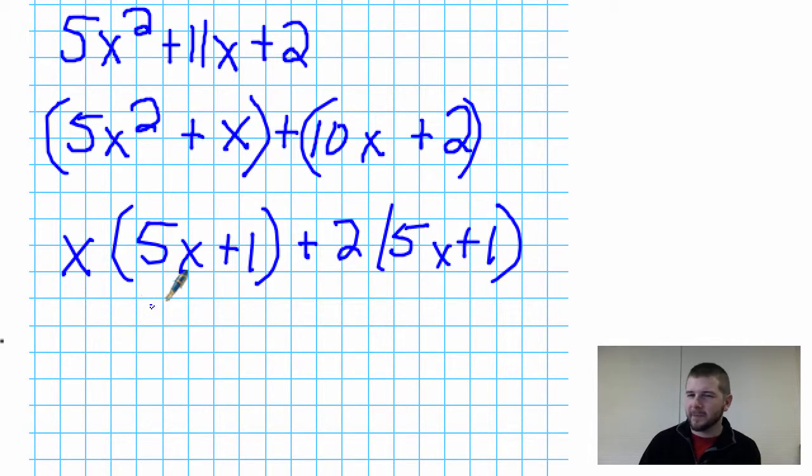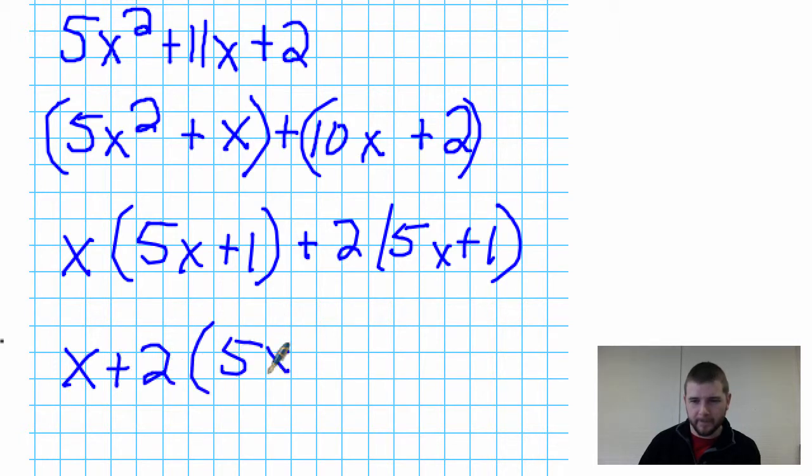And then consider that our binomial in each of these two terms is the same. If you get to this point and your binomials are not the same, you may need to rearrange the order in which you've written, in this case, x and 10x. Using the distributive property, and here we have the factored form.